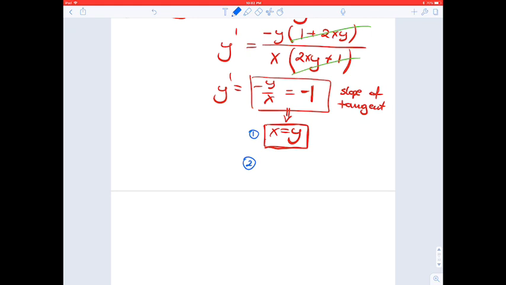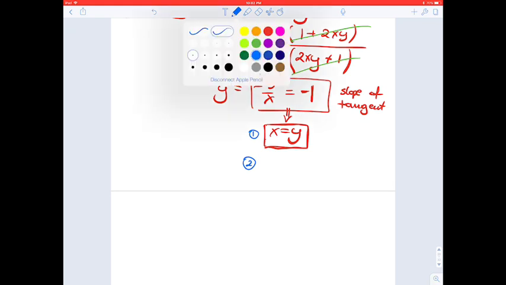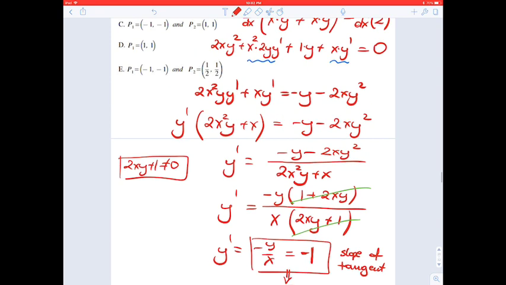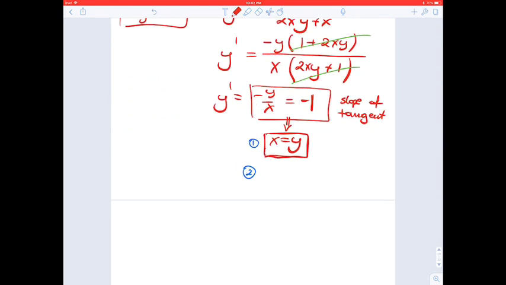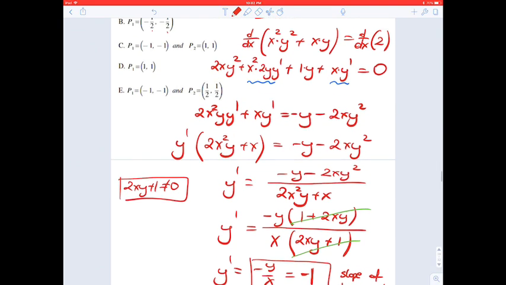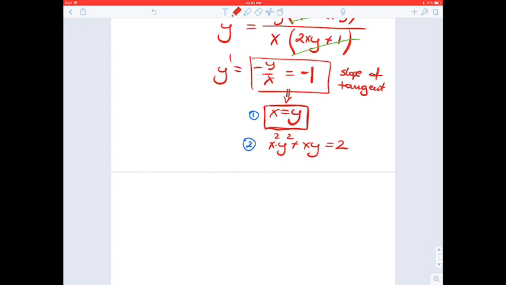And what we will do, we will always use the original equation. The original equation is x squared times y squared plus x times y equals 2. Am I correct? Yes. This is the second equation, because if the line is tangent, it has a common point with the original curve, which means this condition also has to be satisfied by the equation.